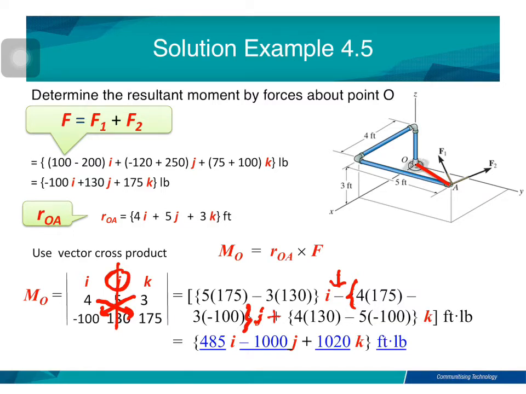So next is element K. For this element K, you're going to have 4 times 130 minus 5 times negative 100.